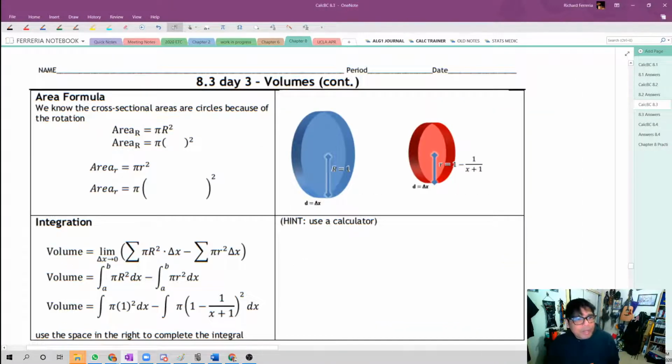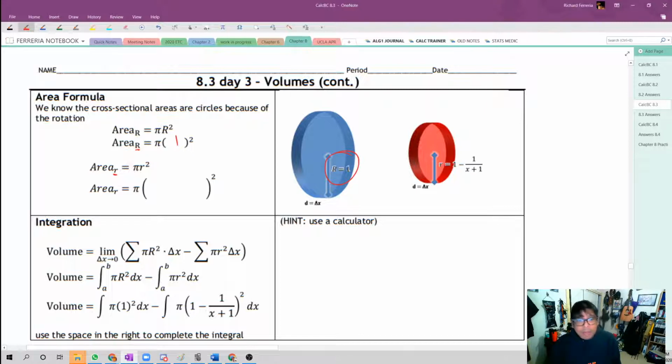Next is going to be our area formula. And this time we are going to have 2 area formulas. The first area formula is the larger one. The larger one I'm always going to denote with the capital letter R, and the smaller one's always going to be the lowercase letter r. So the larger is going to be pi r squared, and the big radius is 1, so we'll put a 1 there.